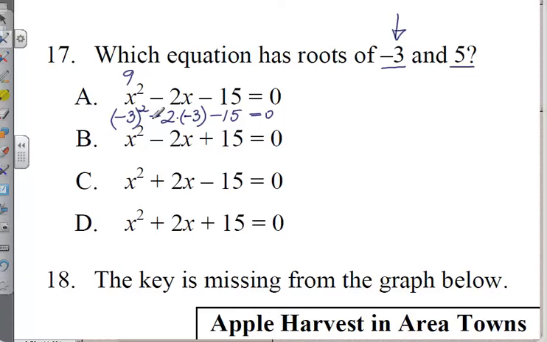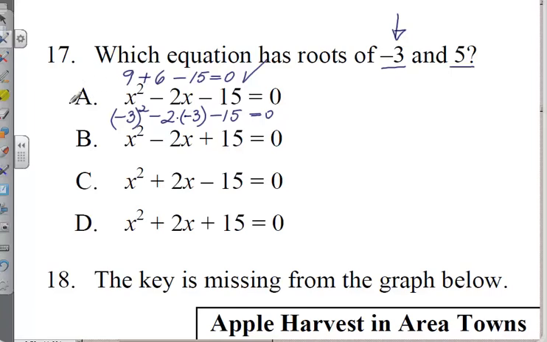But because you have to subtract -6, you end up with +6, right? Minus -6 will be positive, will be +6. And then minus 15 equals 0. Well, is that true? 9 plus 6 is 15, minus 15 equals 0. That is true. So -3 is a solution to this equation.